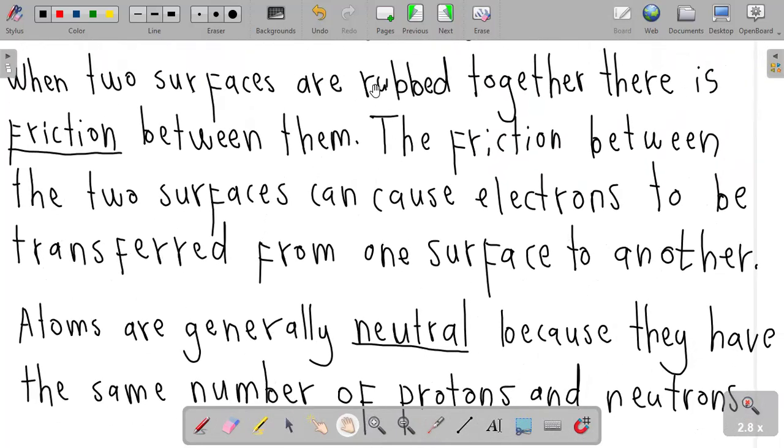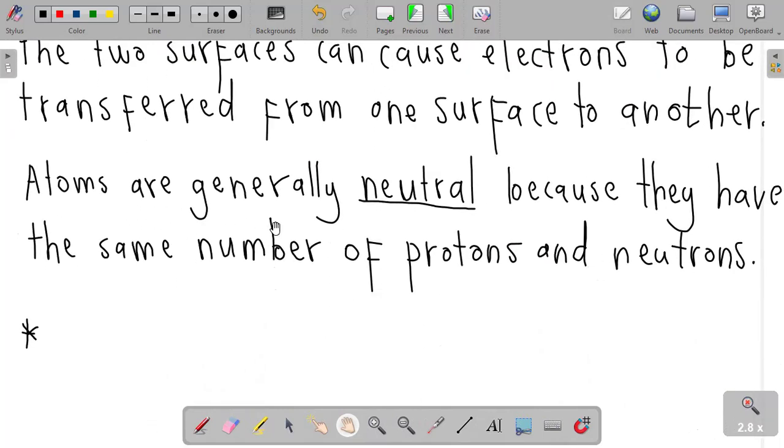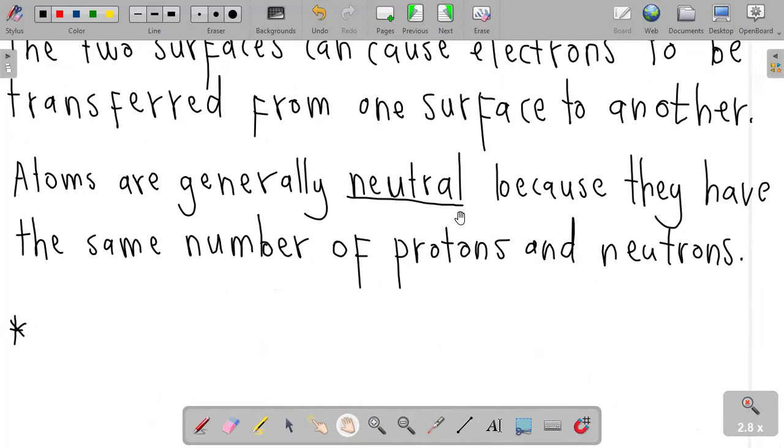But if there is no rubbing, the atoms will remain neutral.